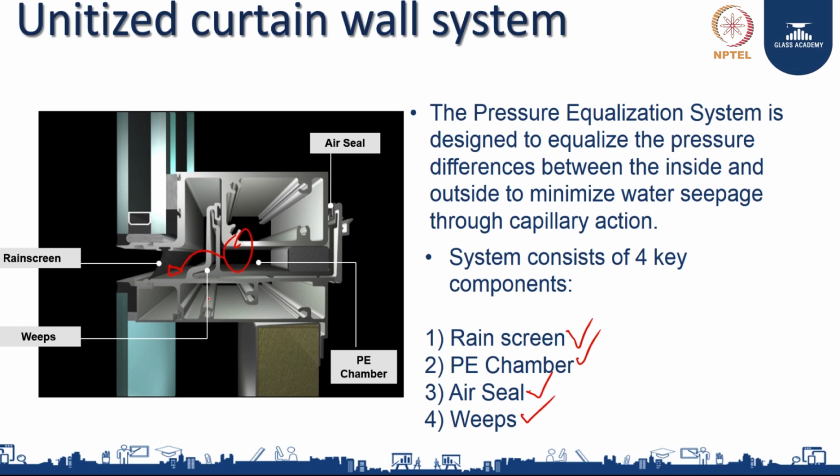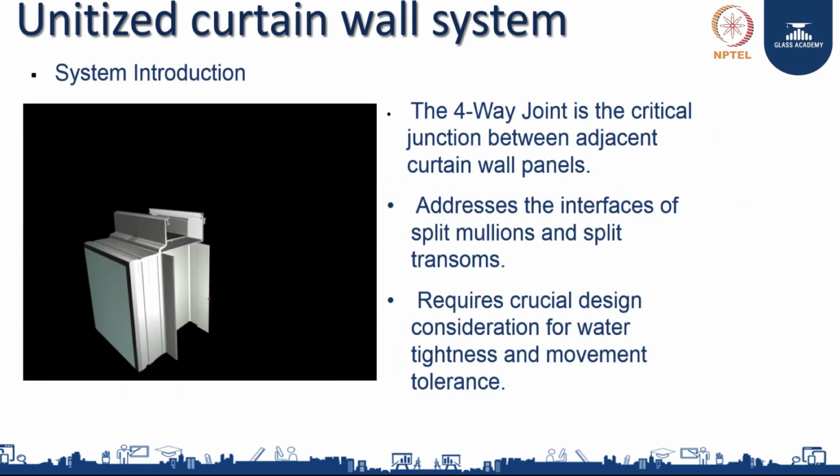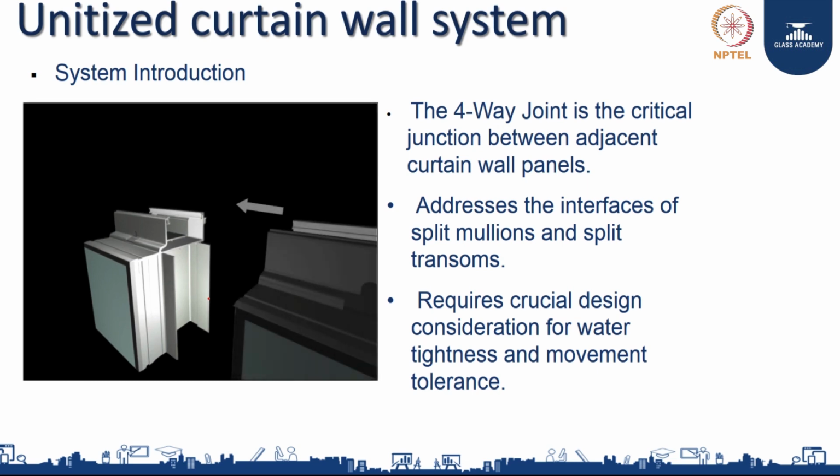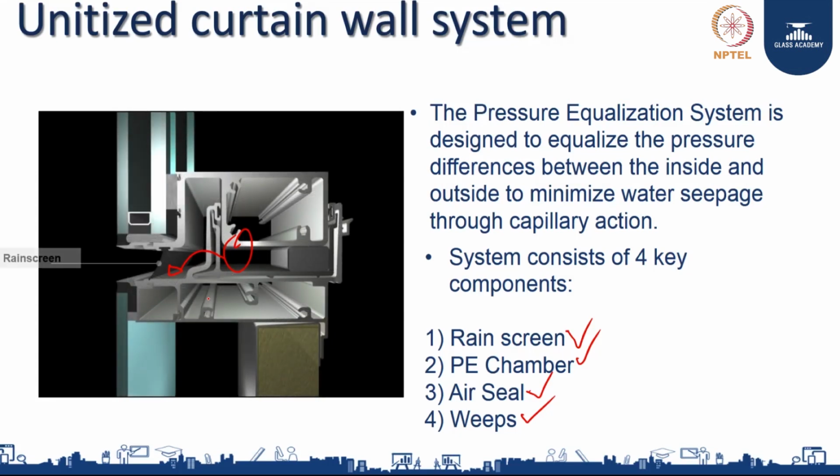So if you go back, you look at the four-way joint of the system, which is critical, because you put two panels together, you must understand how to make a four-way joint. And second, when you design the system, make sure we understand this concept: rain screen, pressure equalization chamber.